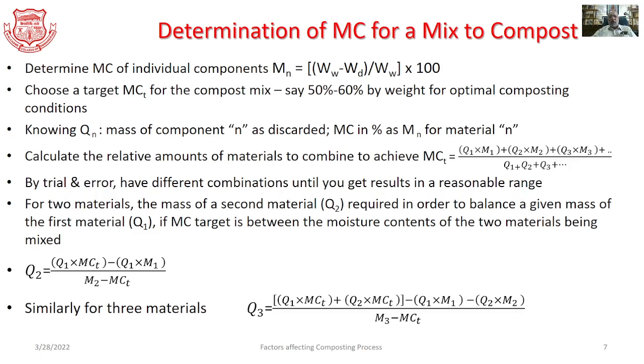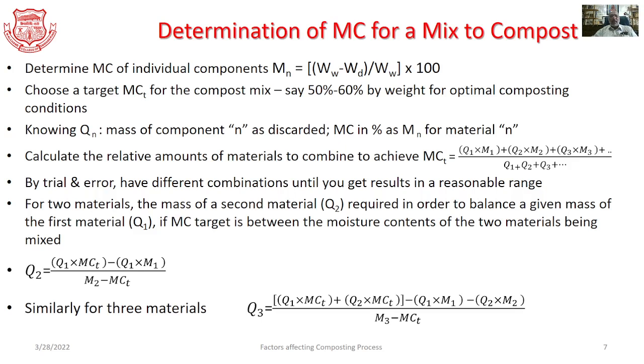We can also compute the moisture content for a mix of a particular compost. Here, the first step is to determine the moisture content for the individual components of the mix that we wish to have for the composting. So already we have discussed the determination of the moisture content.